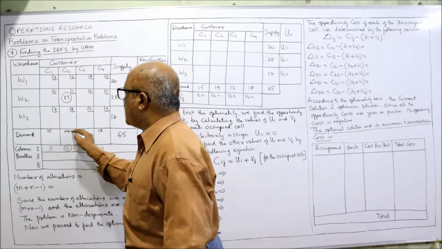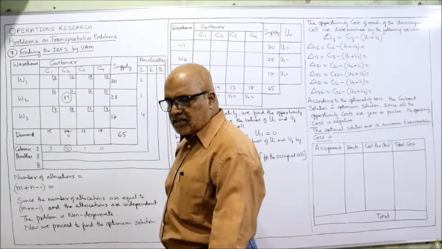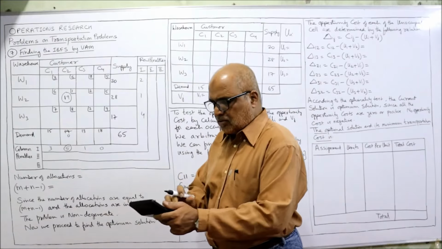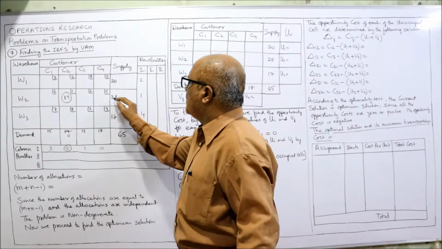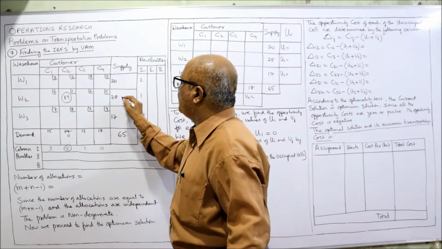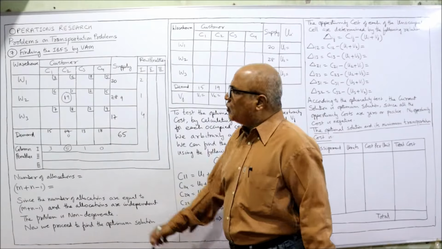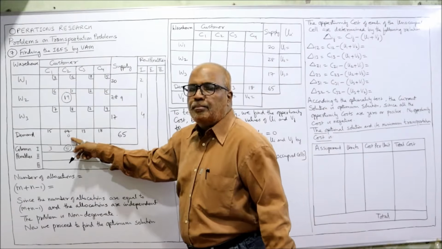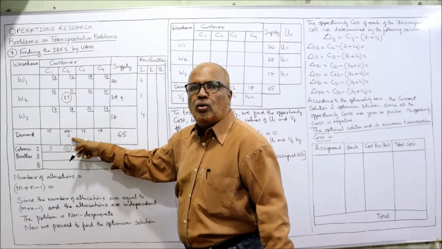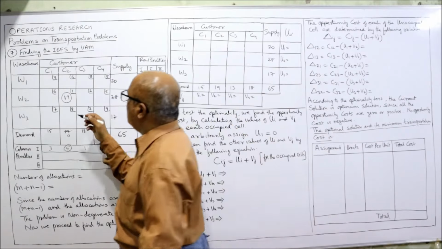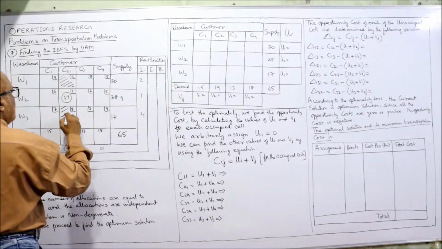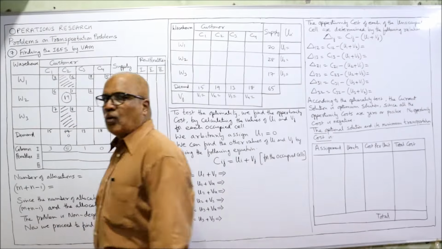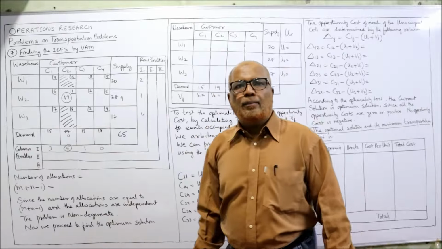So 19 minus 19, 0. 28 minus 19, we are getting 9. So here 9 remains. Here the column is exhausted, 0. So block the column. Here I am blocking the column like this. First penalty completed.